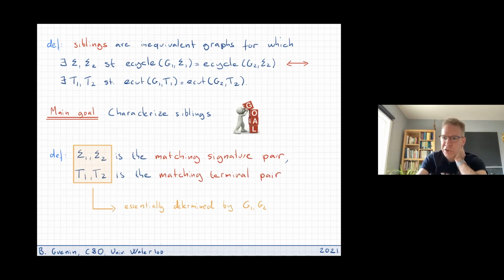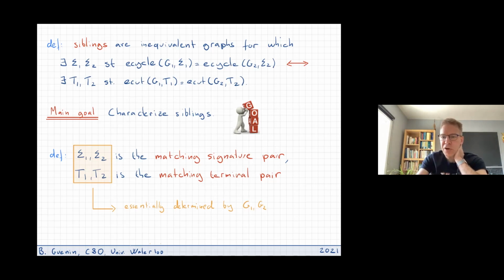So if you know the relationship between G1 and G2, you also know what sigma 1 and sigma 2 are, up to resigning. In fact, we'll say that sigma 1, sigma 2 is a matching signature pair, because that pair is determined by G1 and G2, and we'll say that T1 and T2 is a matching terminal pair.